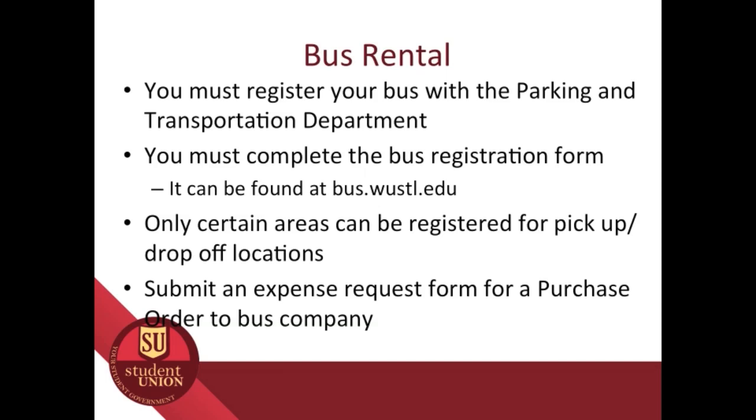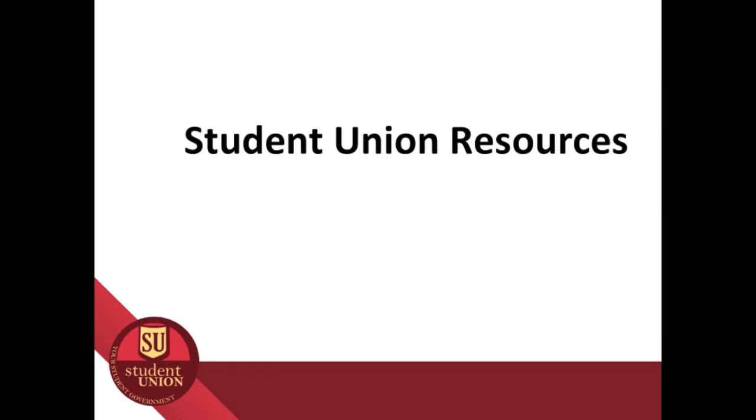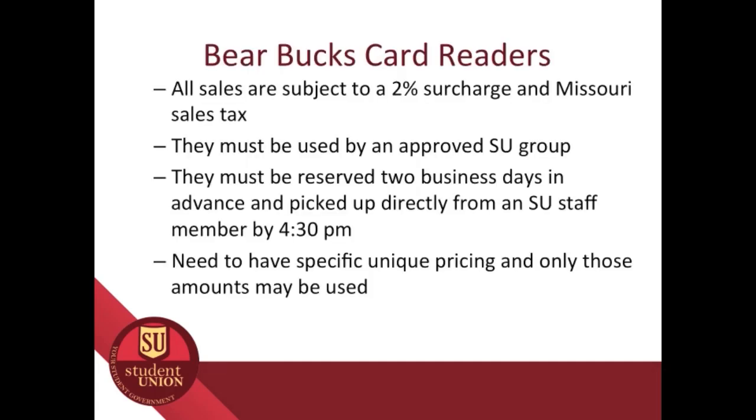Now we're going to talk about some of the Student Union resources. The first is the BearBucks card readers. Student Union has BearBucks card readers that your group can make a reservation to use. The BearBucks card is your WashU ID card, which can be used to purchase tickets or merchandise being sold by student groups.